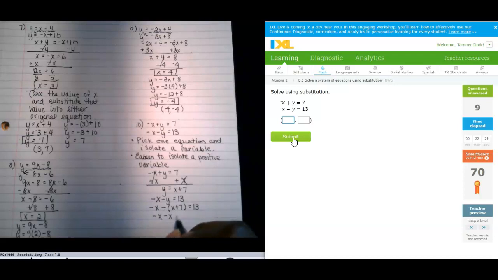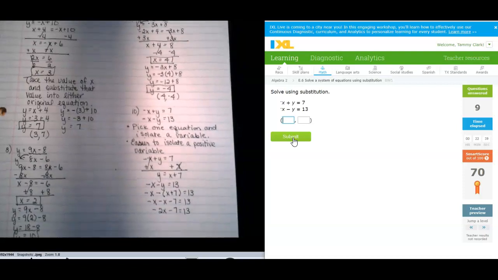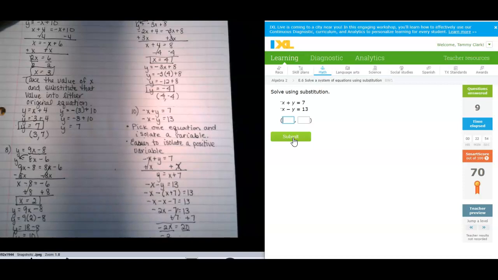I've got negative 2x minus 7 is equal to 13. And then I'm going to add 7 to both sides of the equation. And I've got negative 2x is equal to positive 20. We're solving now for x, so we're going to divide by negative 2 on both sides of the equation.